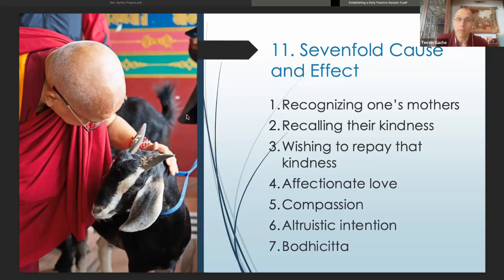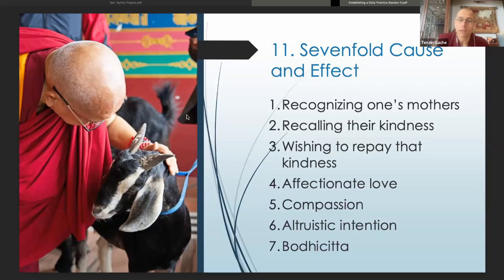Thinking about how much kindness others have shown to us, anything we have achieved in this life is so much dependent upon the support of others, and wishing to repay that, thinking that if we were given so much within this lifetime, or even in other lifetimes, we want to be able to do something that will benefit not just ourselves. We want to be able to expand that to as many beings as possible.